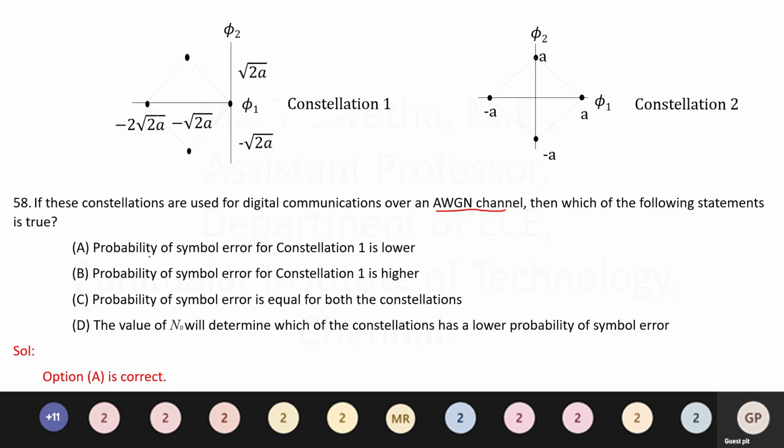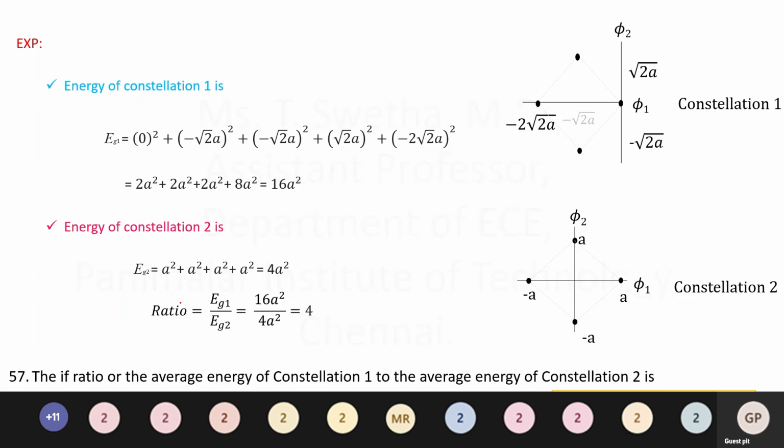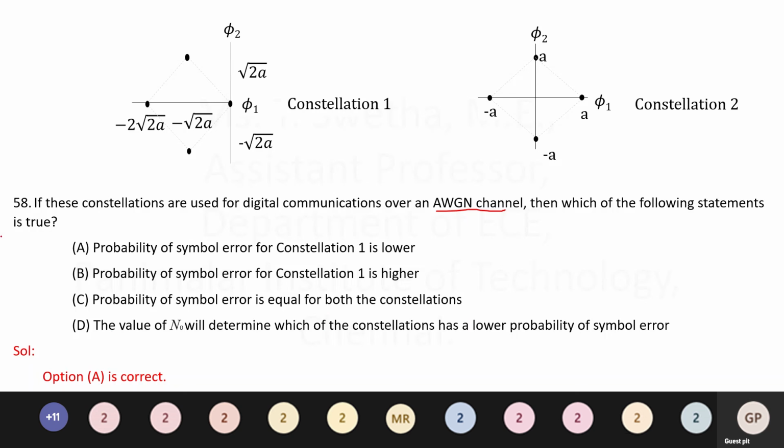Remember, out of this question, constellation 1 has the higher value and constellation 2 has the lower value. Okay, so just remember, probability of symbol error for constellation 1 is lower, and probability of symbol error for constellation 1 is higher, and probability of symbol errors is equal for both constellations.